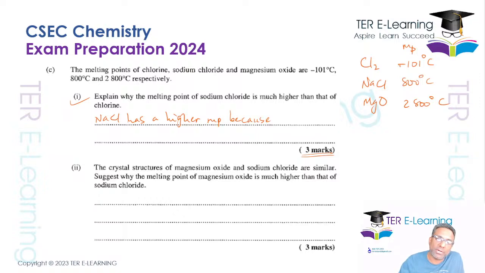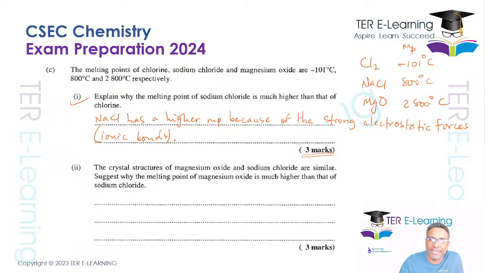So because of the strong electrostatic forces, right? Or you can say ionic bonds. So you can say ionic bonds or strong electrostatic forces. So that's the reason why the sodium chloride has a high melting point.